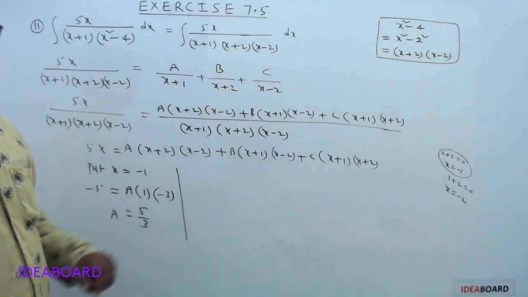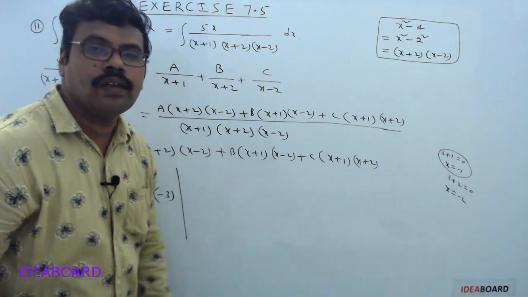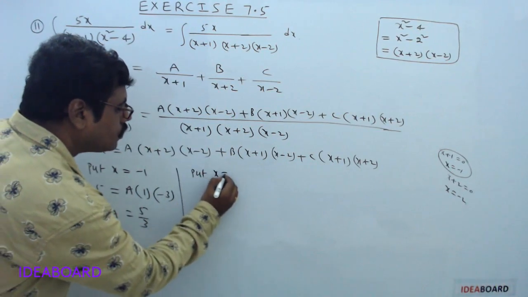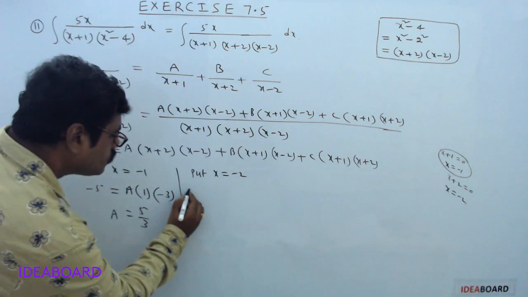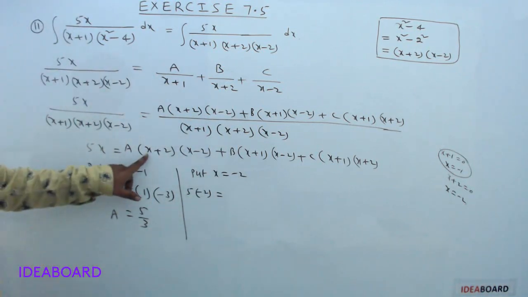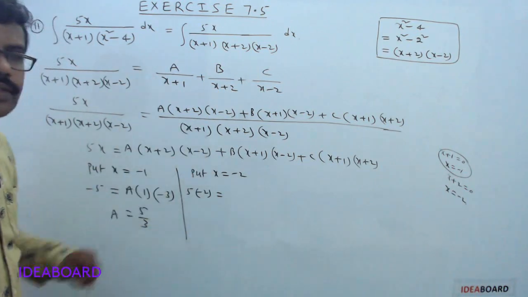If you substitute x equal to minus 2, the first term value will be 0 and the third term value will be 0. So write down x equal to minus 2. 5 into minus 2 equals, by substituting x equal to minus 2, this entire term value will be 0.